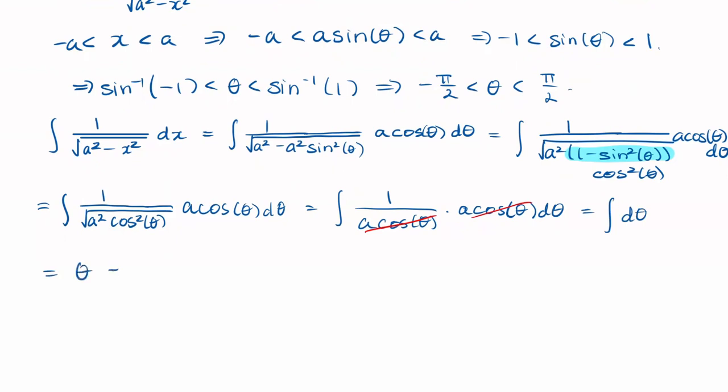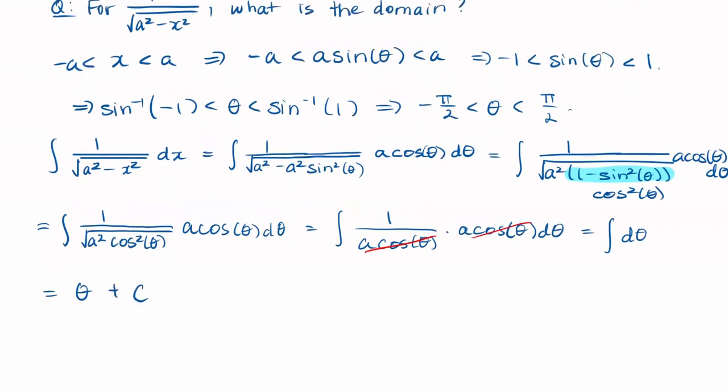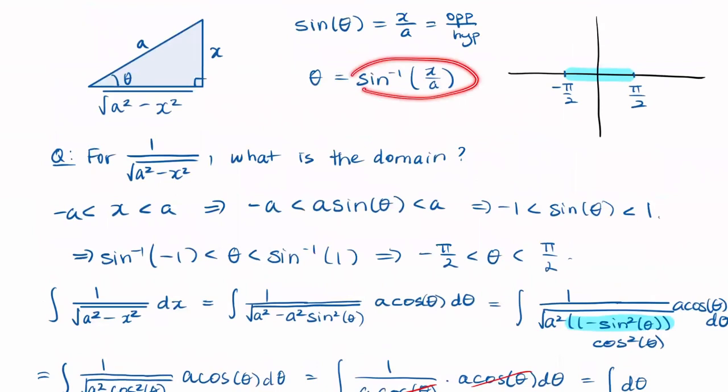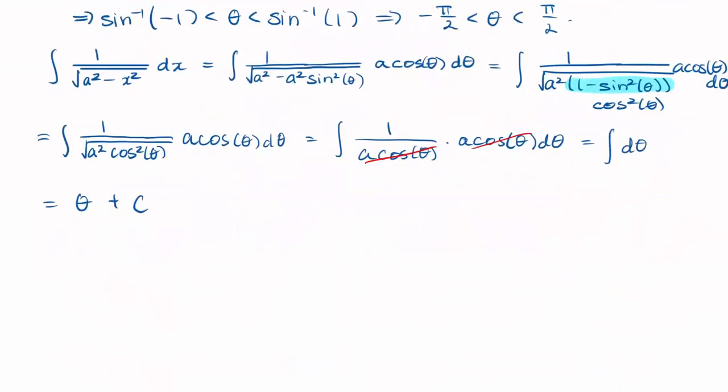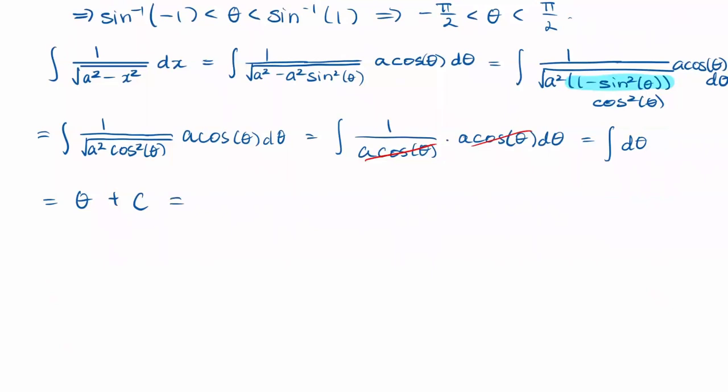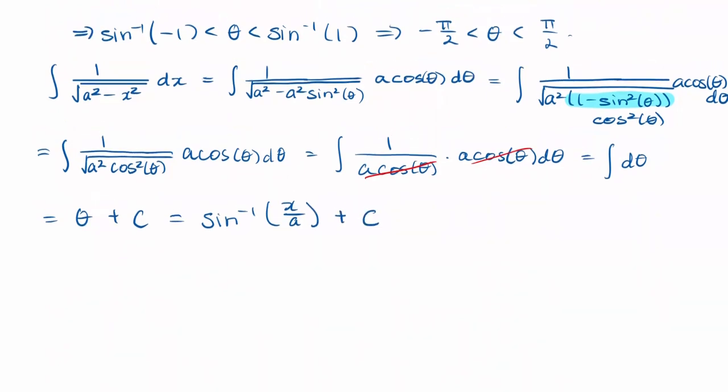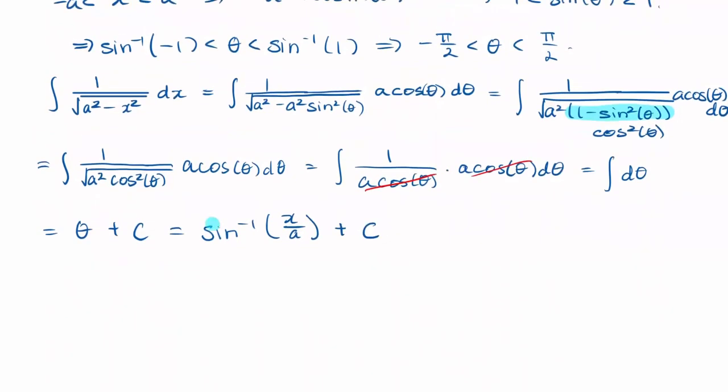which is just theta plus c. But what is theta? Well, we found theta up here, which was the sine inverse of x over a. So if we just put that back in, the answer to the integral is going to be sine inverse of x divided by a plus c. And that is the answer for this integral.